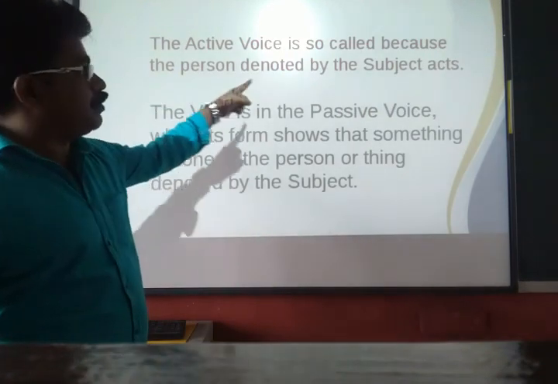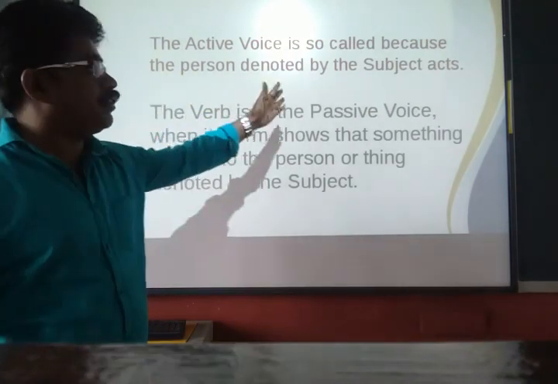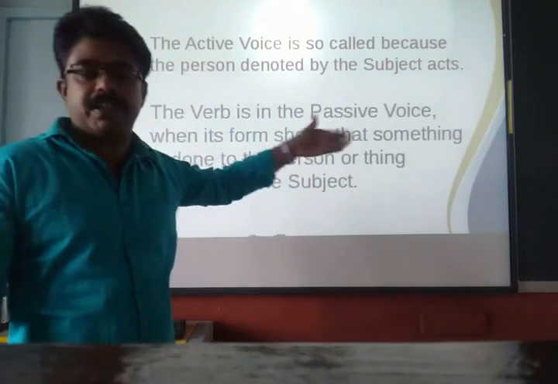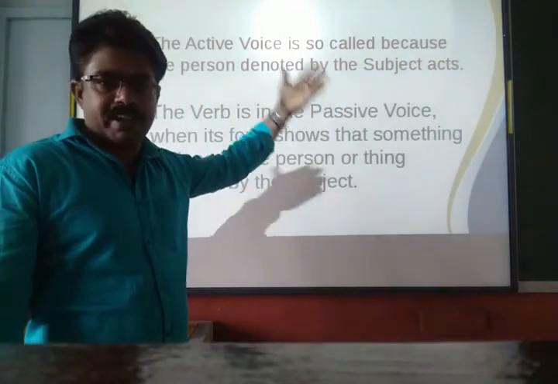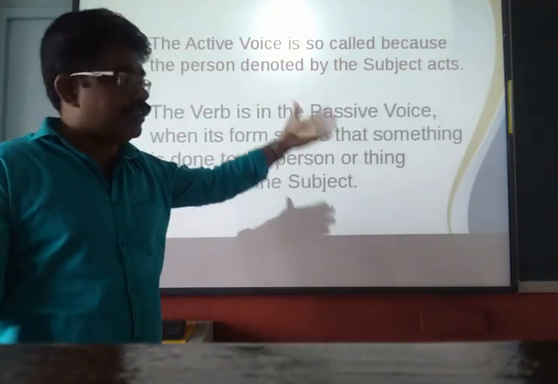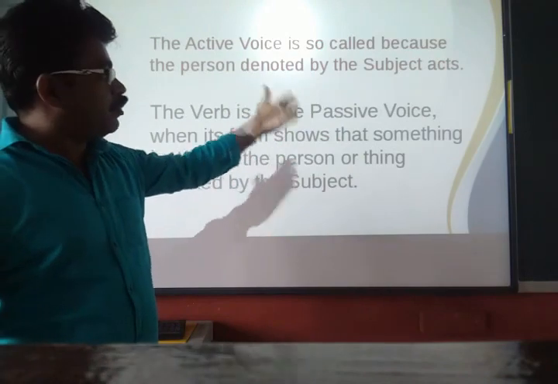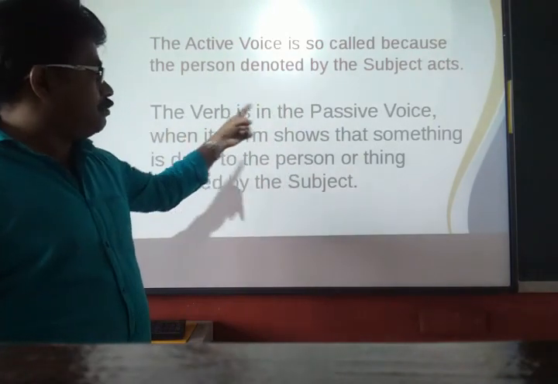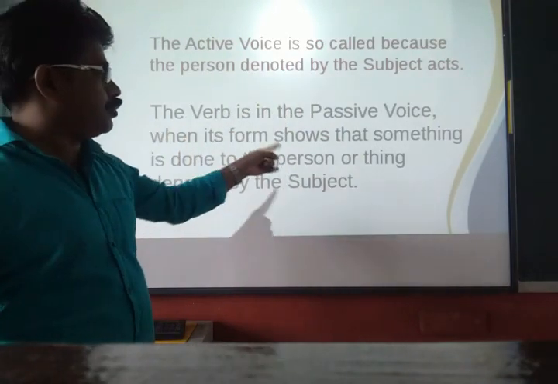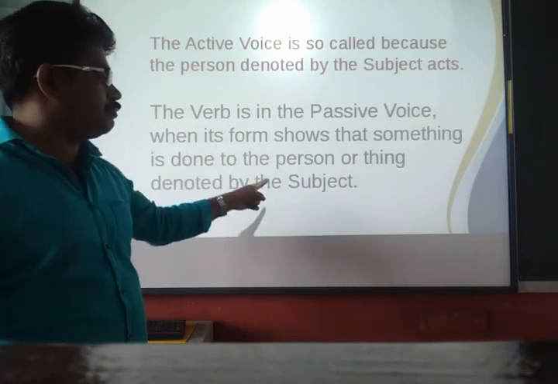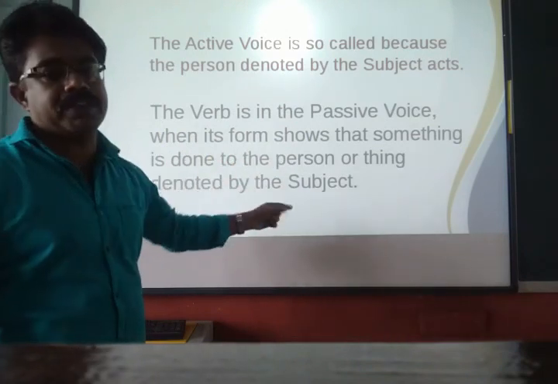The active voice is so called because the person denoted by the subject acts. If it does something, it is active voice. The verb is in the passive voice when its form shows that something is done to the person or thing denoted by the subject.